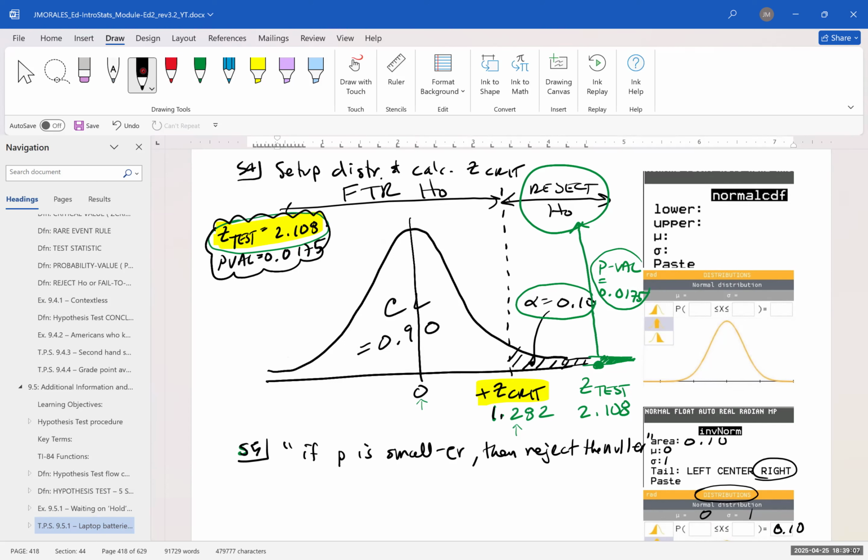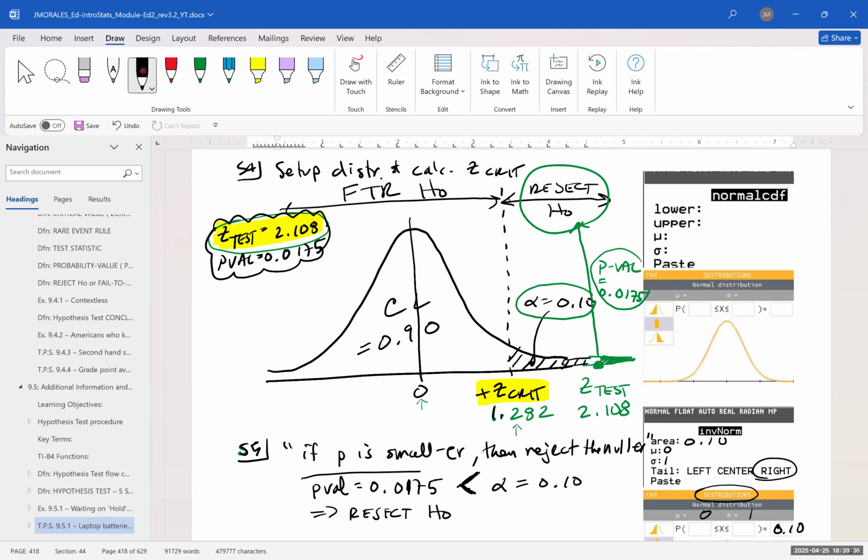If we look at our p-value, 0.0175, and then at our significance level, we can clearly see that our p-value is smaller than our significance level. And that indicates that we are going to reject the null hypothesis.